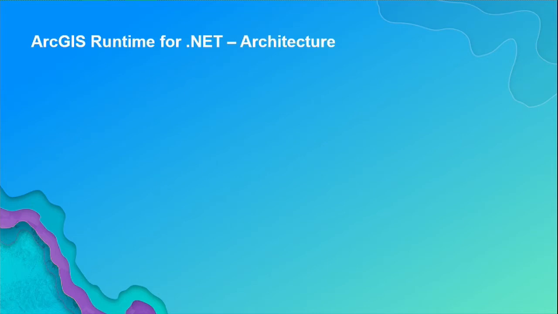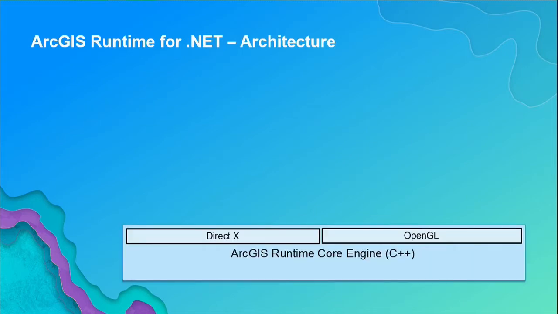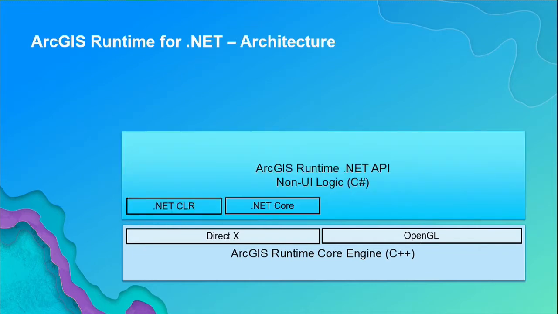I'm going to apologize just a little bit in advance here. Anyone that's been to a runtime presentation or session has probably seen a slide similar to this. You have this beaten into you, the architecture of the runtime API. But it's some good context if you haven't seen this before, so I feel obligated to put it out there. All of the runtime SDKs use the same runtime core, which is pretty cool. There's a bunch of C++ libraries that make up the runtime core, and then we have some rendering pipelines like DirectX and OpenGL. On top of that, we wrap that for the individual API.